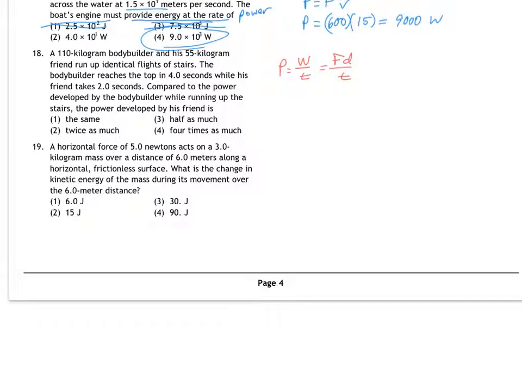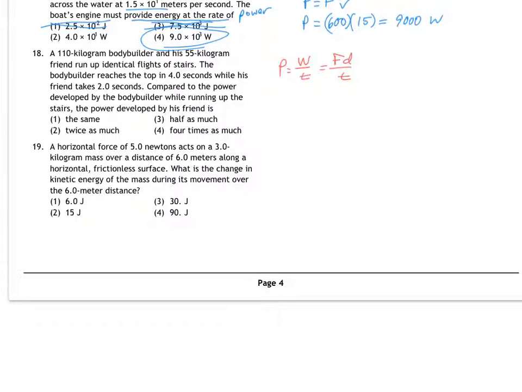For these two, their distances are going to be the same because they're running up equal flights of stairs. But for the heavier bodybuilder, you're going to have twice the force, and for the lighter one, half the amount of force. But there's a difference in time as well. The heavier bodybuilder reaches the top in 4 seconds, while the lighter one reaches the top in only half that amount of time.